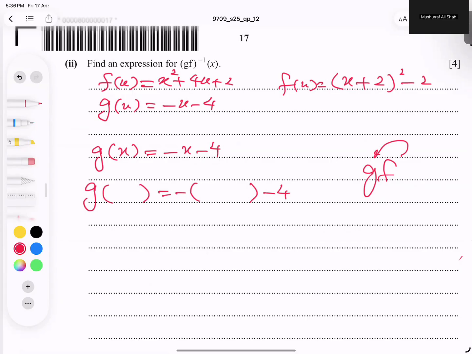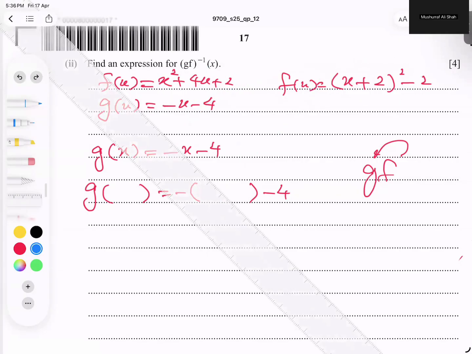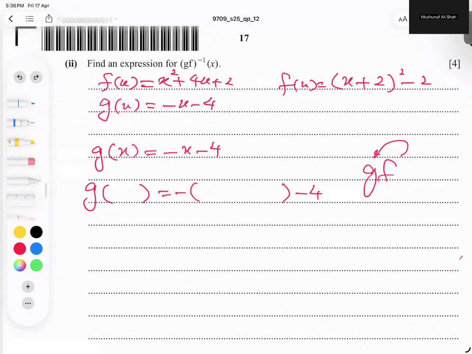Now I'm going to put this function. I can put this or this, no problem. I put this function name here and this value here. So I'm writing now here f of x, and I'm writing here x plus 2 whole square negative 2.